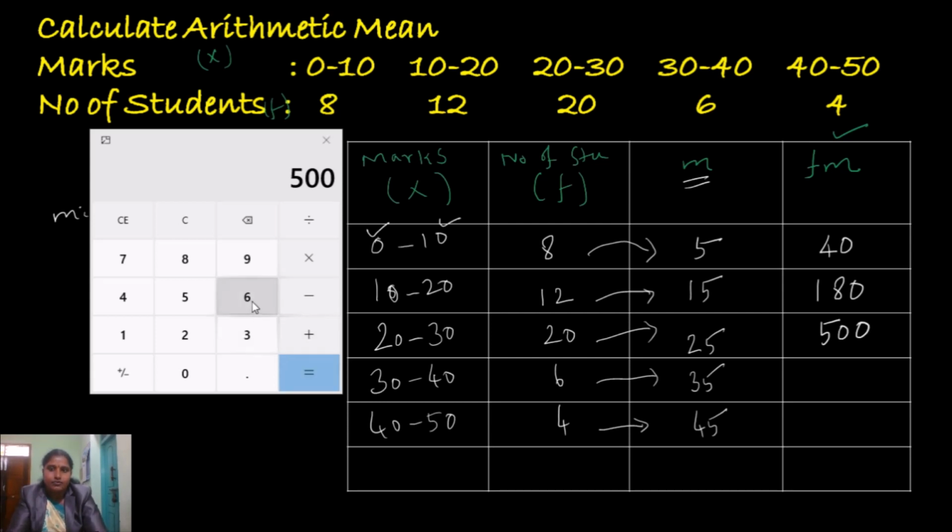Six into 35, 210. 4 into 45, 180. Adding all these values, we get sigma fm.